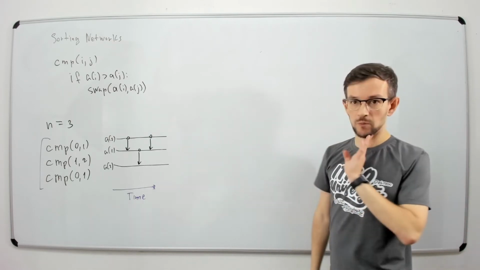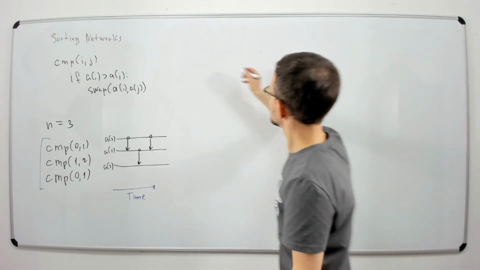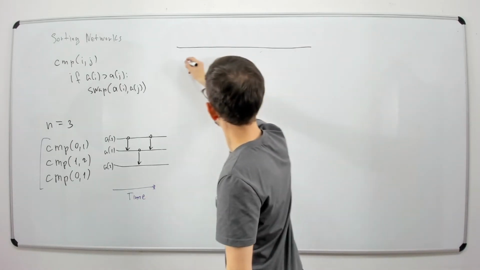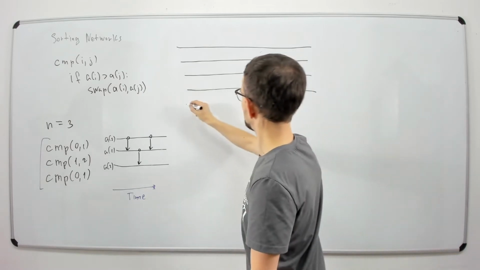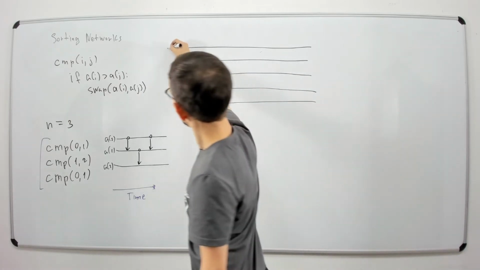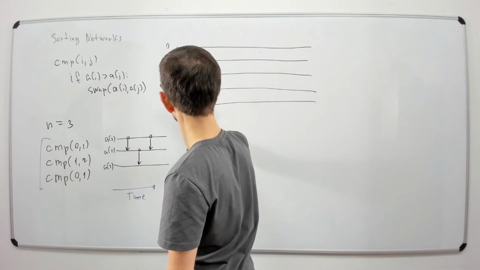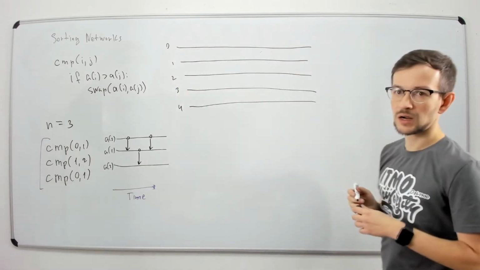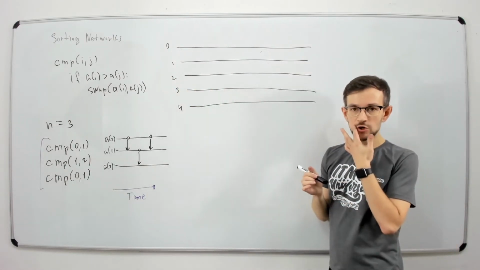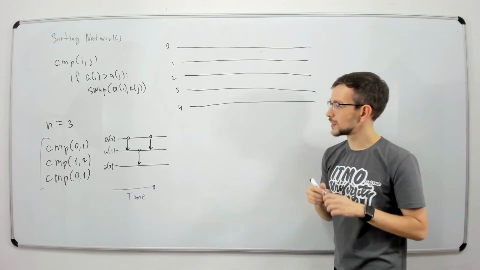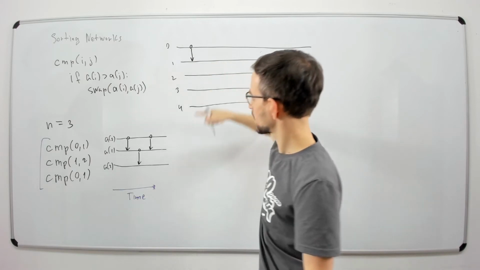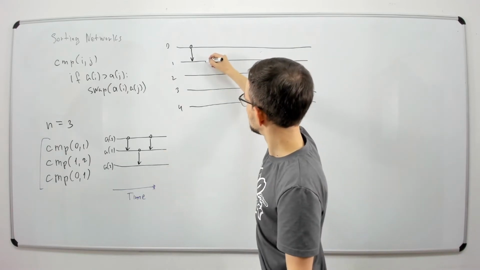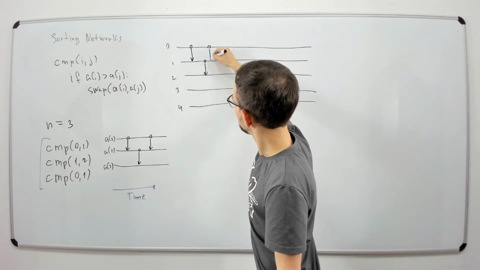Now let's draw the insertion sort for something bigger. Let's say we have 5 elements. Let's see how the insertion sort works for 5 elements. First we compare these elements, then we have the second element, we compare it here, and here.